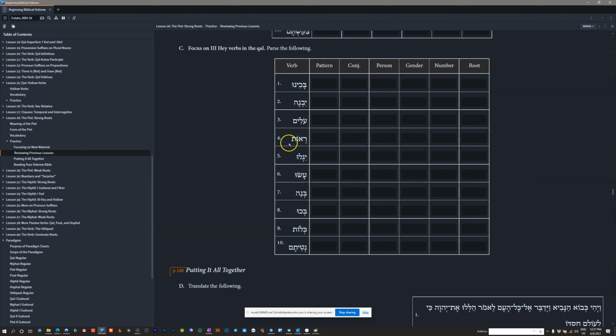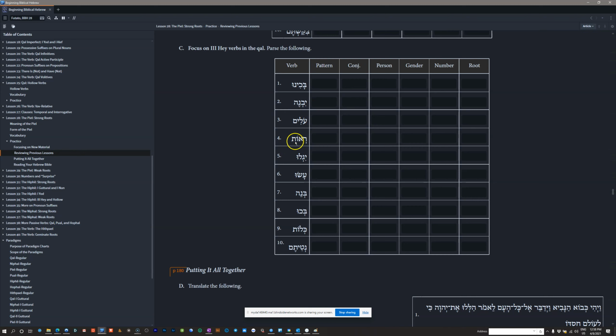All right, number 4, we've got ra'ot. This would be that example of third hey in the infinitive construct shifting to holem vav tav. And this is why it's so important to remember the different forms that a third hey will take depending on conjugation. It's because as soon as you see this holem vav tav, you can recognize that this is an infinitive construct of a third hey verb.